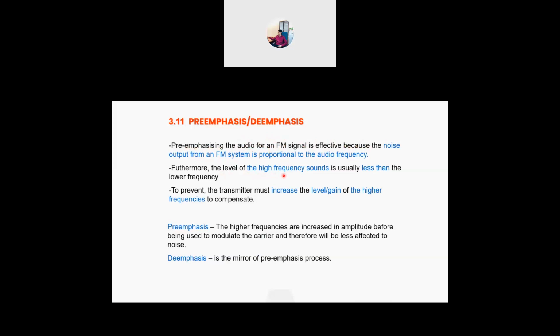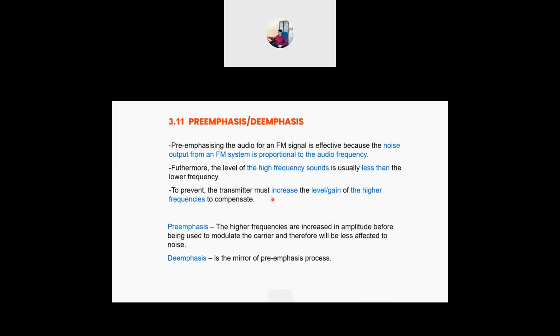Furthermore, the level of the high frequency sound is usually less than the lower frequency. So the lower frequency usually has a higher level.